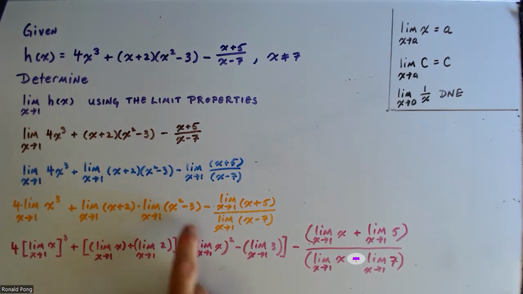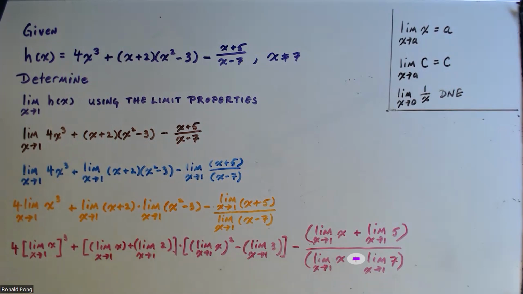Similarly, I did the same thing here with x squared minus 3, and I also applied the power limit property that I applied here for this cubic limit to this squared limit. Here's another constant, and then finally I applied the sum and difference limit properties to this quotient.